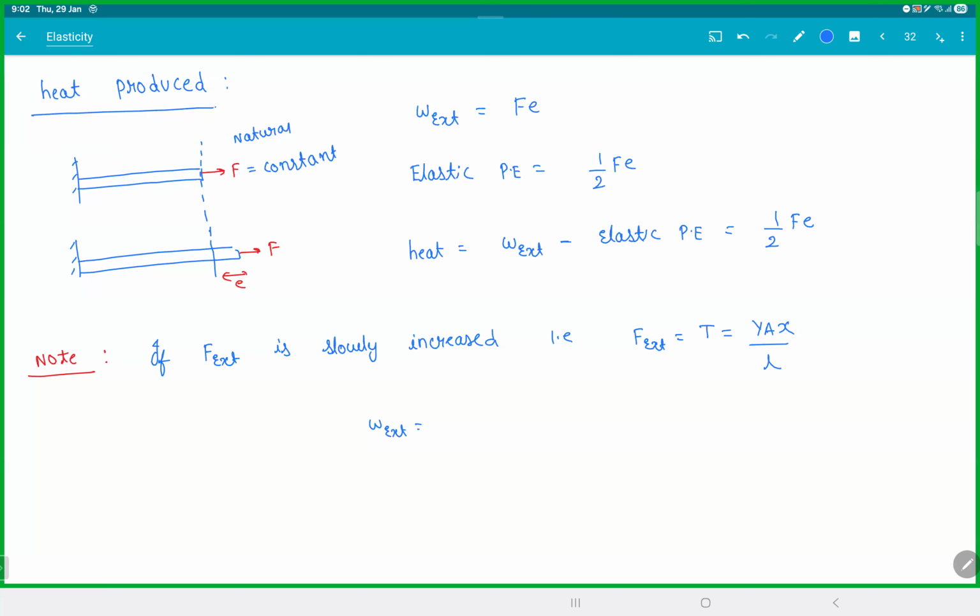Then work done by the external force will also become half Fe, and the energy stored will also become half Fe. In this case, there will be no heat.